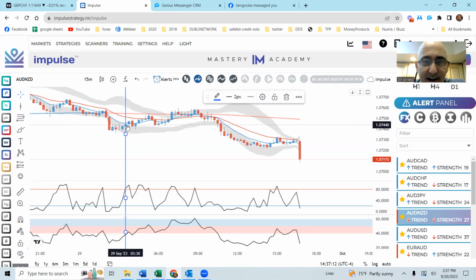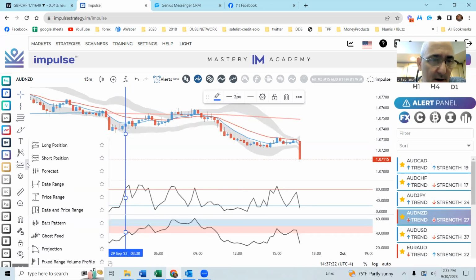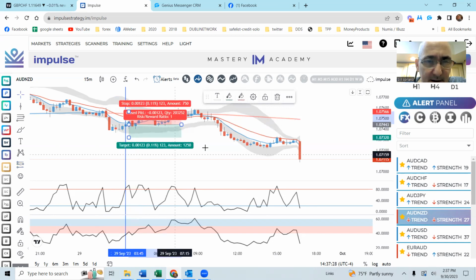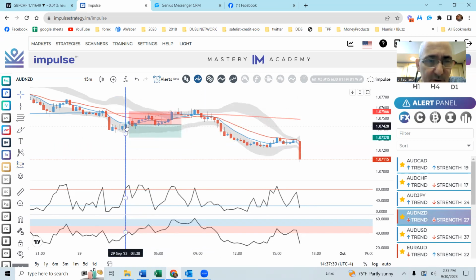So we're going to use that candle to take a short position right now, okay? And so again, we would want to enter at the close of that candle or at the open of the next candle. So let's just use the open of the next candle here. So let's say right there. And then, of course, we have to use the volatility-based stop loss. So we're going to measure the white area at the time that this candle closed.